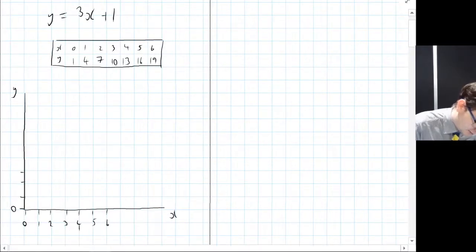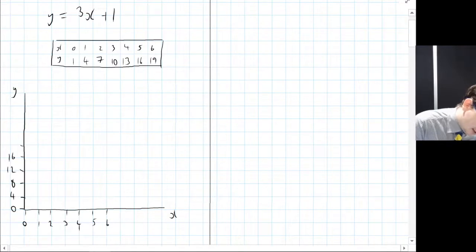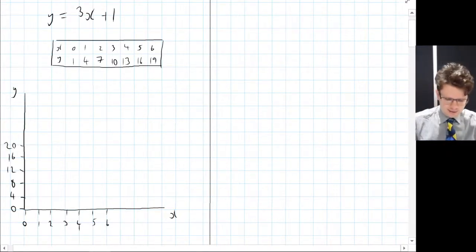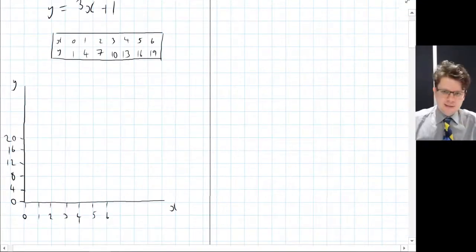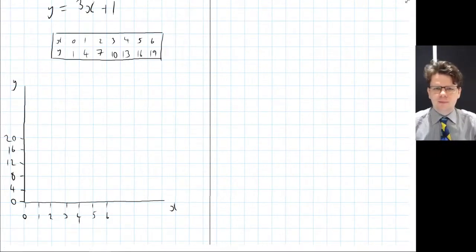Oh, maybe that's too small. No, let's do 3s. No, now we'll do 4s. 4, 8, 12, 16, and 20. Alrighty. So that's nice and easy, just like that. So now that I've got my axes and I've labeled my values, now I need to start plotting the points. But how do I plot the points?